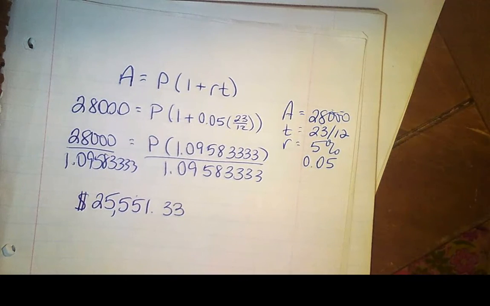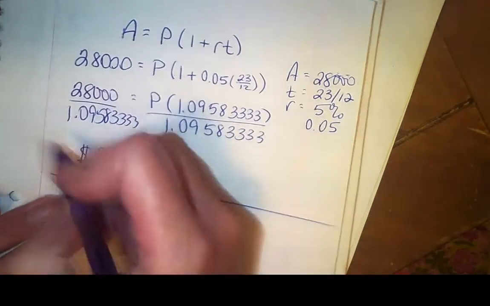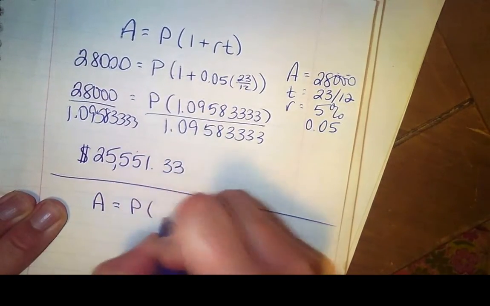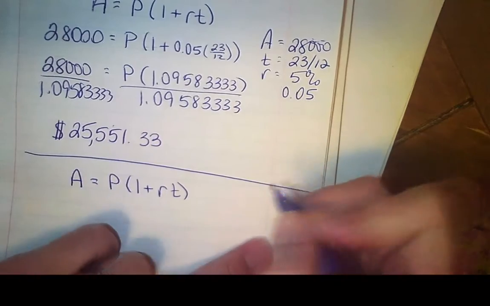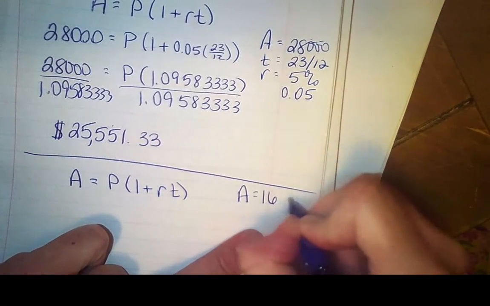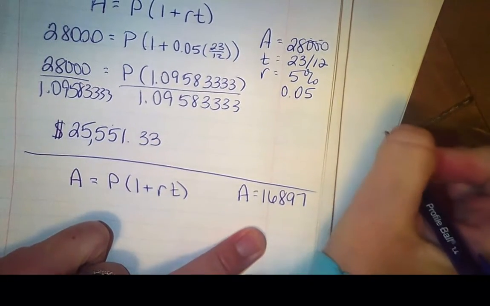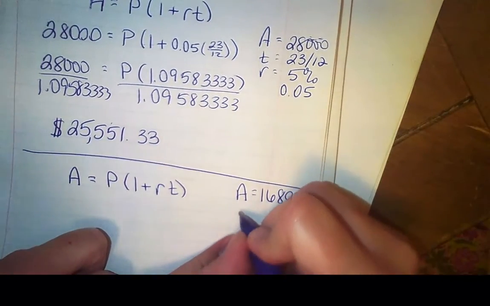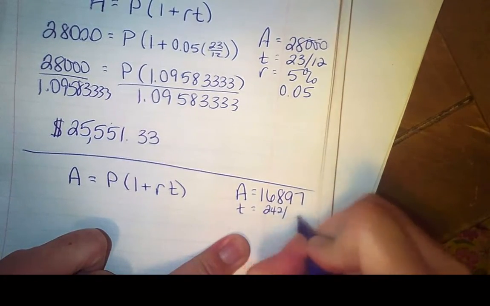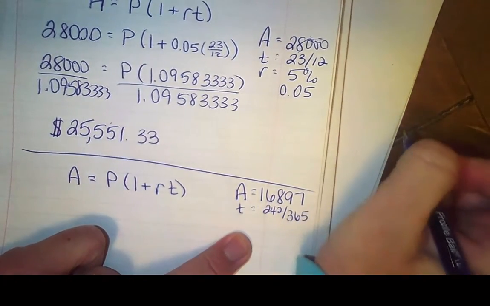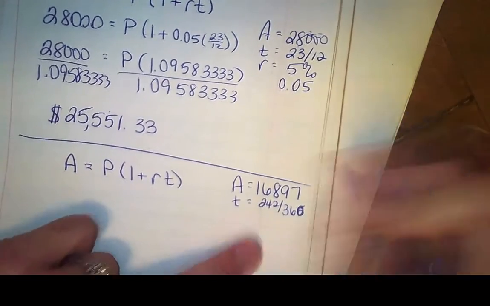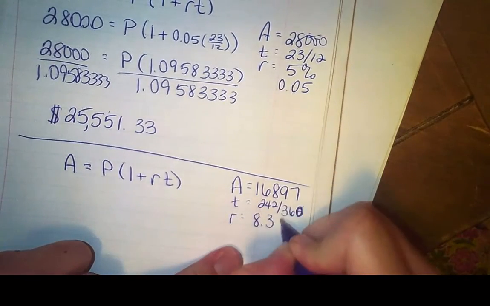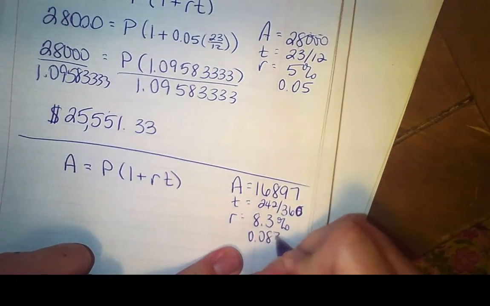Okay, so let's try it again. I want to find the present value. So I've got the amount achieved equals the present times 1 plus RT. The amount achieved is 16,897, and then I have 242 days, so 242 over 365. Oh, that's a lie. It told me to use 360 this time. And 8.3% is actually going to be 0.083.